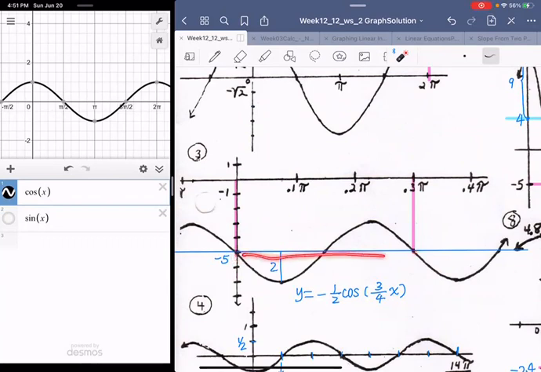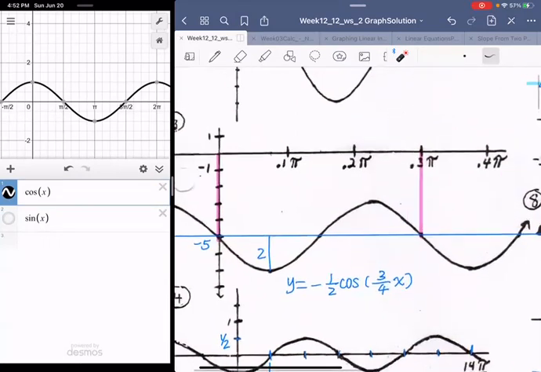So let me call on a student and look through this question together, okay? Is there any volunteer for number 3? Nobody? Michelle. Let's do number 3 together, okay?